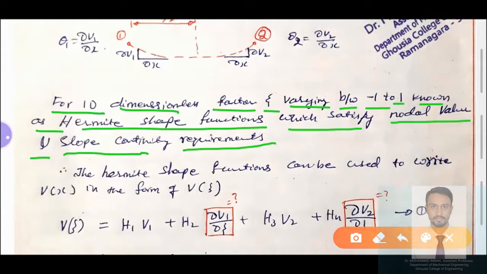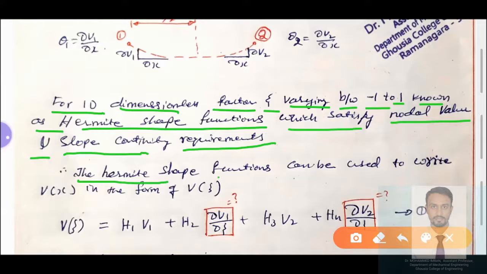This indicates that the selection of a Hermite shape function, the field variable and displacement vector relation should satisfy the boundary conditions which we are assuming, to derive the Hermite shape function by utilizing the natural coordinate system with the help of a dimensionless factor which does not exceed the value plus or minus 1.